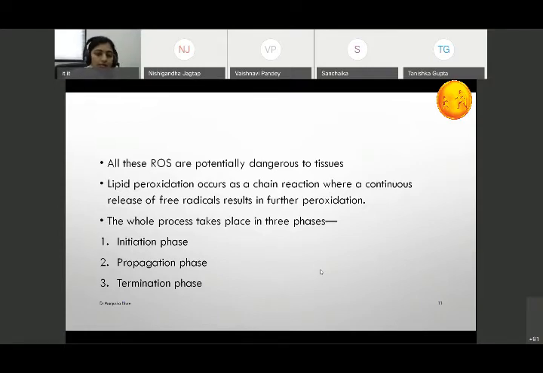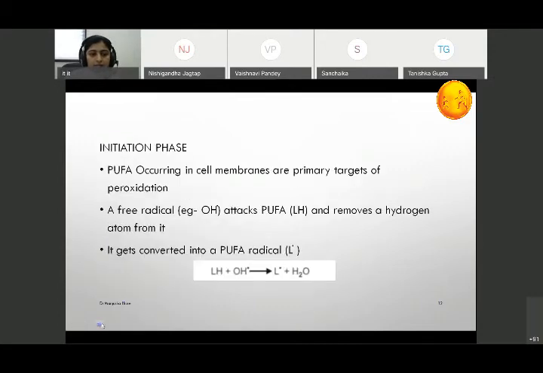Then there are three phases by which this chain reaction takes place: initiation phase, propagation phase, and lastly the termination phase. Then you will explain in detail about the initiation phase with the reaction, giving the example of the hydroxyl radical, how the hydrogen atom is removed and it gets converted to PUFA radical.